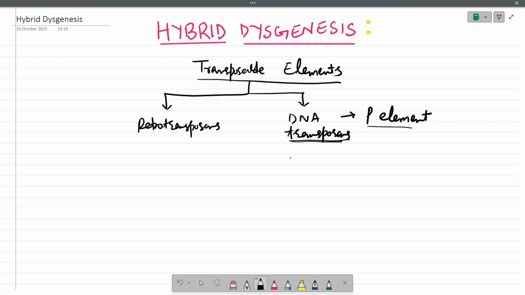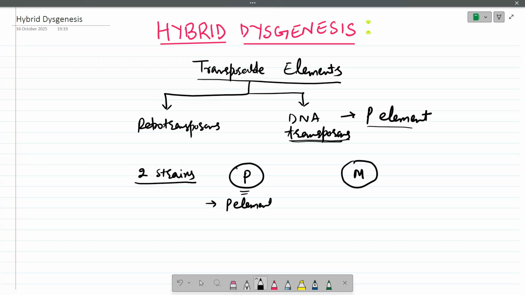For that, we must understand that there are two strains in Drosophila melanogaster. One is called P cytotype and the other is called M cytotype. In case of P cytotype, there is presence of P elements. And there is also presence of P repressors. P repressors are those proteins which repress the transposition of P elements in them.